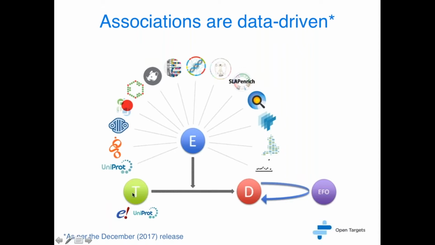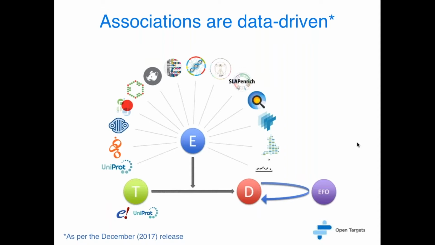And in order to make the association between them, we rely on data, we rely on pieces of evidence coming from any of those databases highlighted here. So this is as it stands. So those different data sources from the EBI, from Sanger, from NCBI as well, they are used in order to allow us for the associations.